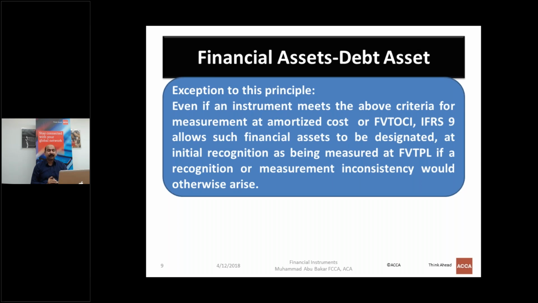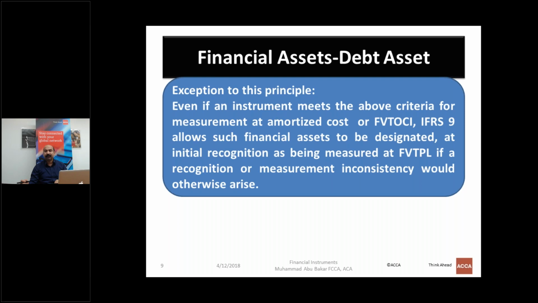Even if an instrument meets the above criteria for measurement at amortized cost or fair value through other comprehensive income, IFRS 9 allows such financial assets to be designated at initial recognition as being measured at fair value through profit or loss if a recognition or measurement inconsistency, meaning an accounting mismatch, would otherwise arise from measuring assets or liabilities or recognizing the gains and losses on them on different bases.